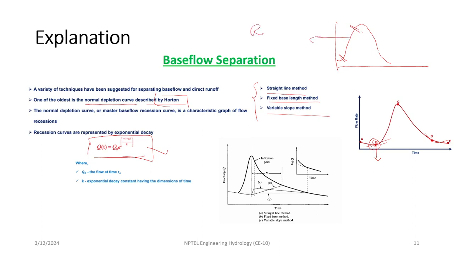When the recession limb starts, that means no rainfall is occurring now. So storm characteristics are not dominating here, only basin characteristics define this region. But at some time, you can have a change in this graph, and that change indicates the point where base flow will be adding to it.